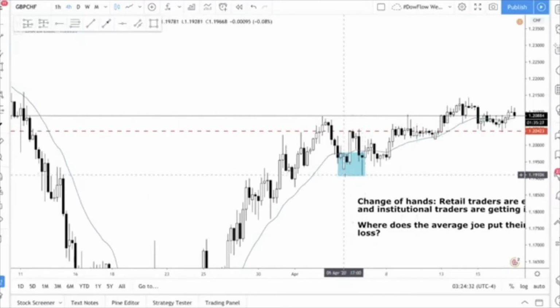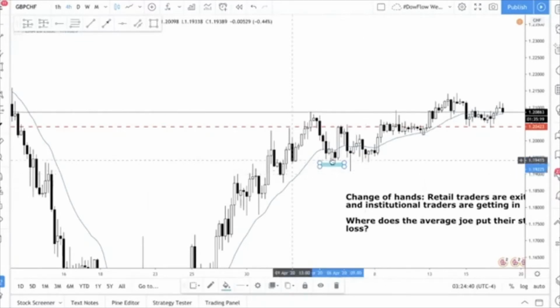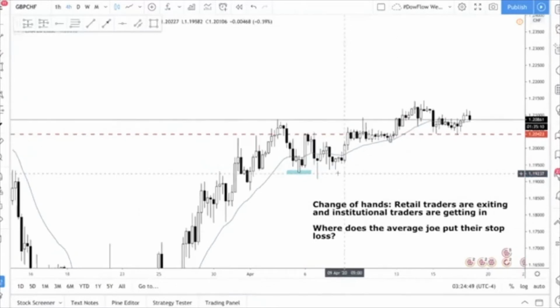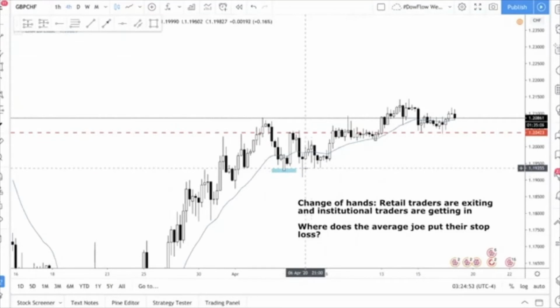This section over here is where most retail traders like you and I will put our stop loss. You put your stop loss here, and price will go just to take you out, just to make sure you lose the money, and then start rallying. So it's not that you got the direction wrong, but rather you got the entry wrong and you got the stop loss wrong.